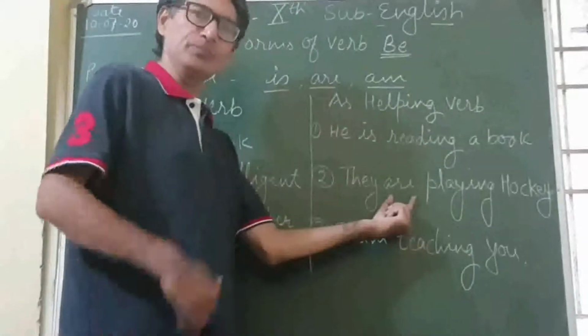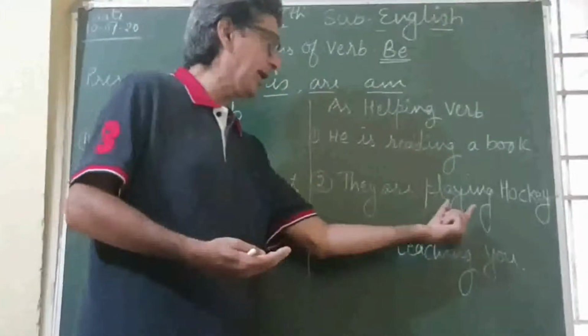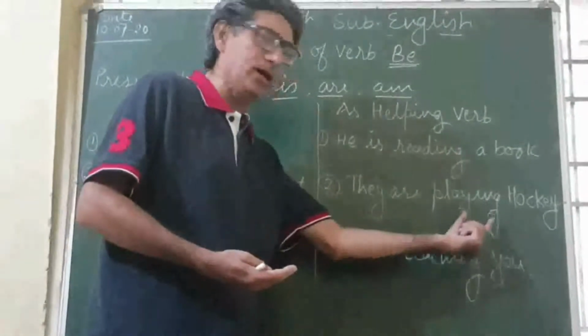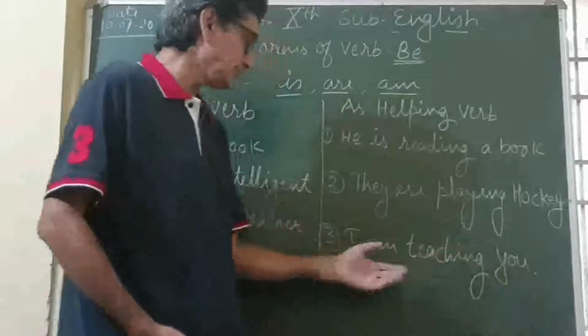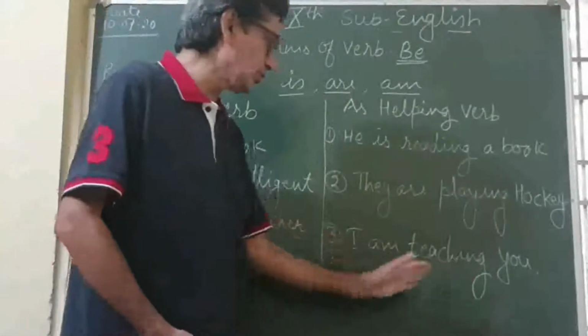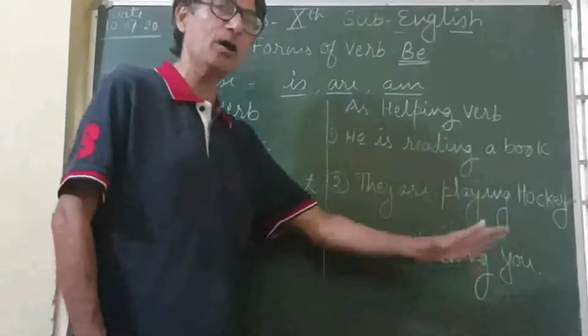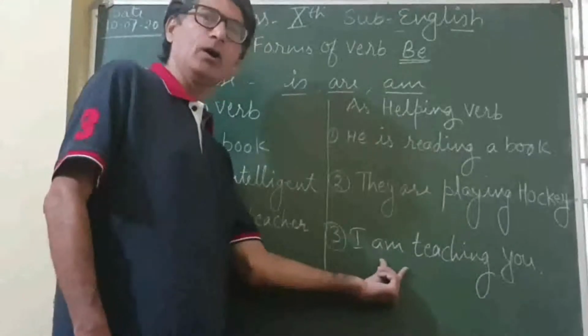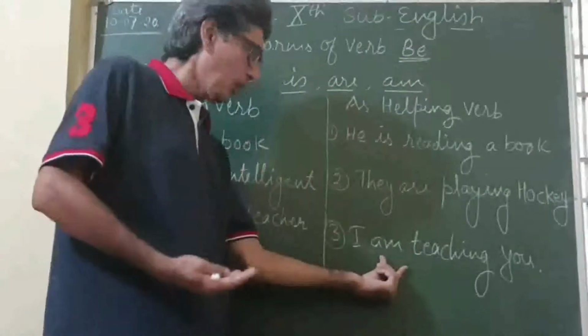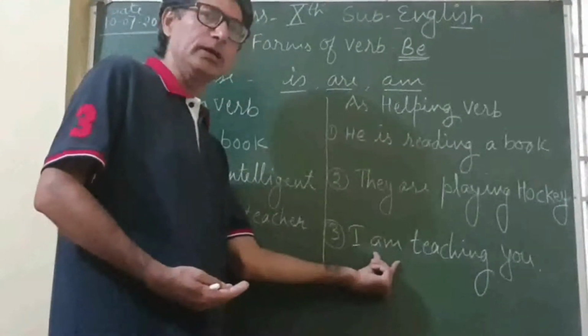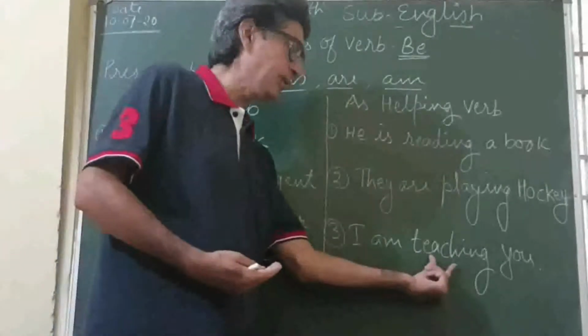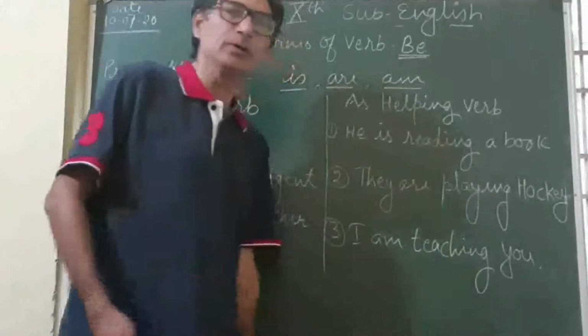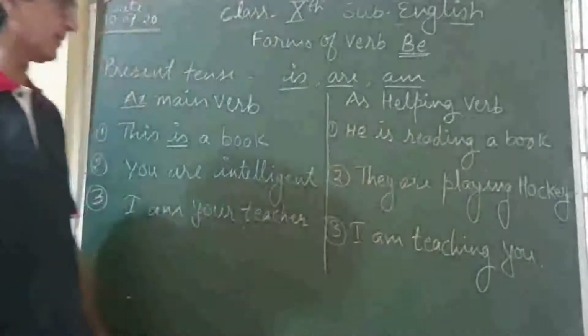Are for the state है and for खेलना, playing. I am teaching you. मैं आपको पढ़ा रहा हूँ. So for the state of being, it is am and main verb पढ़ाना, the verb is teaching.